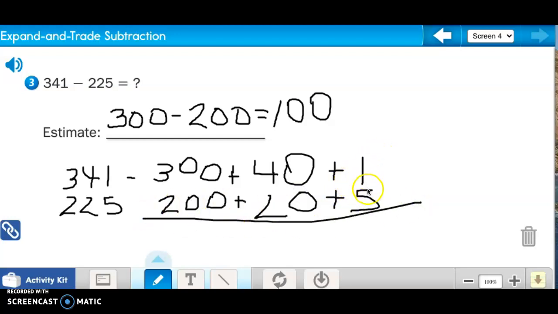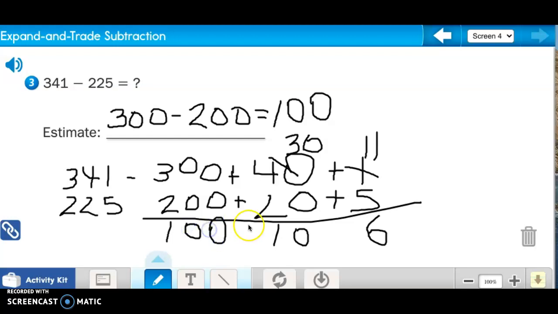So we can't take 5 away from 1. We're going to have to borrow, trade here. This is 30. Bring the 10 over, that's 11. So 11 minus 5 is 6. 30 minus 20 is 10. 300 minus 200 is 100.